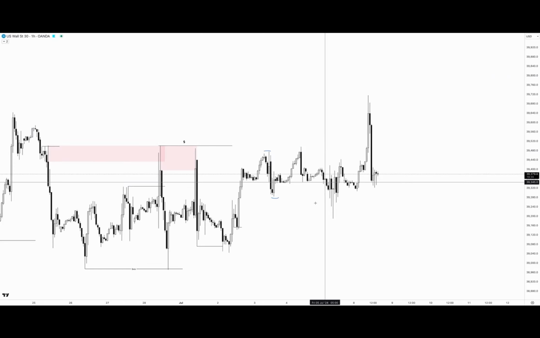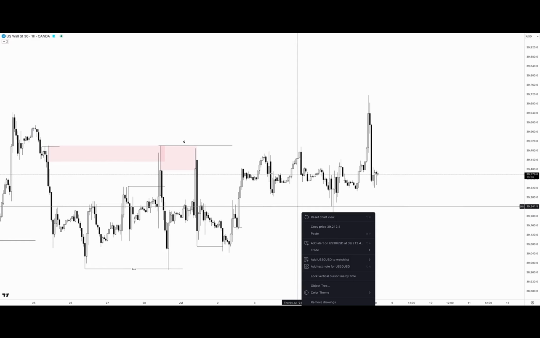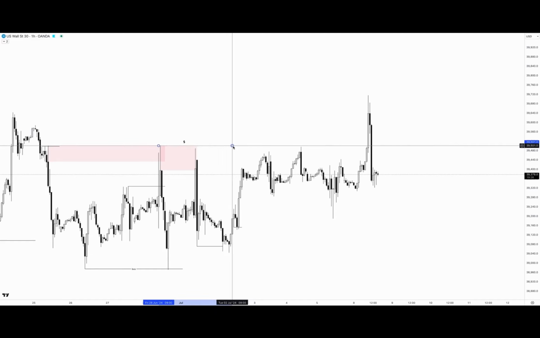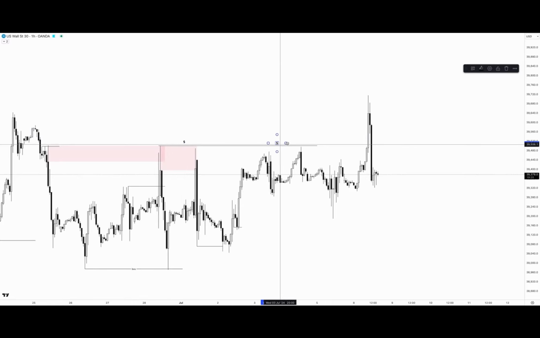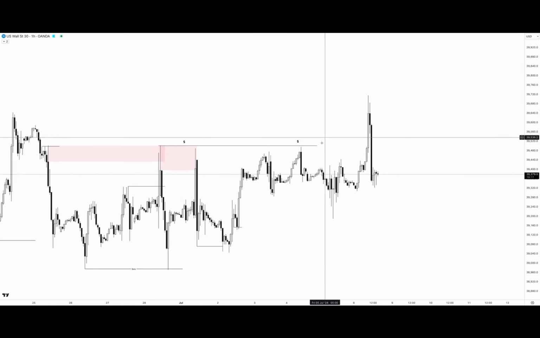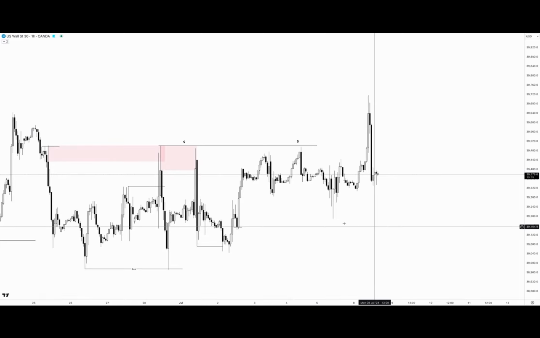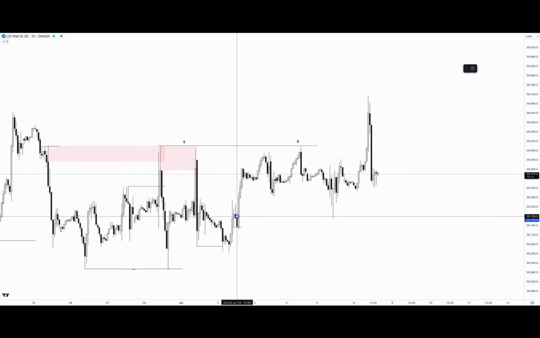As you can see, the market still stays under this high right here, so all it does is build more liquidity for us to long towards. All right, so on the 1 hour time frame, I had this liquidity block marked out.